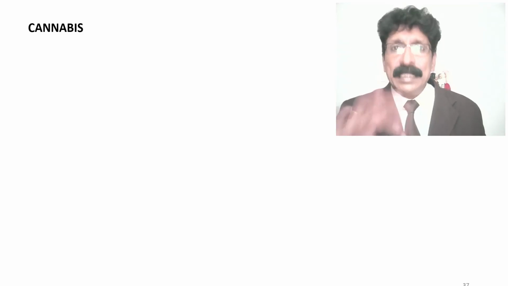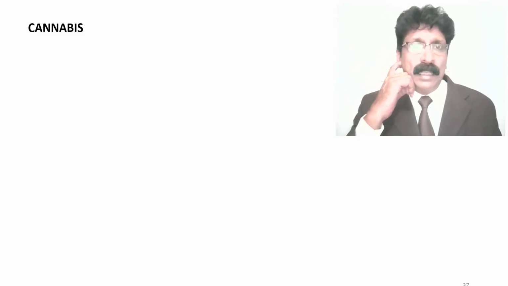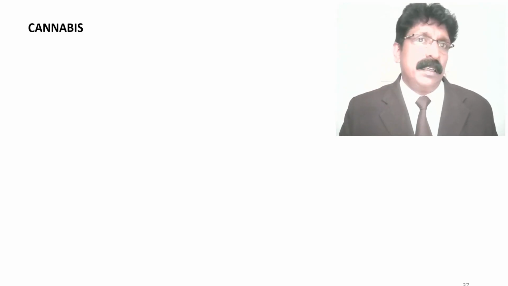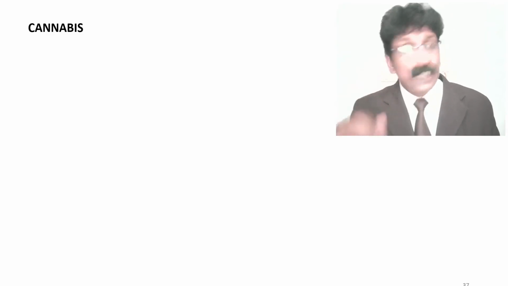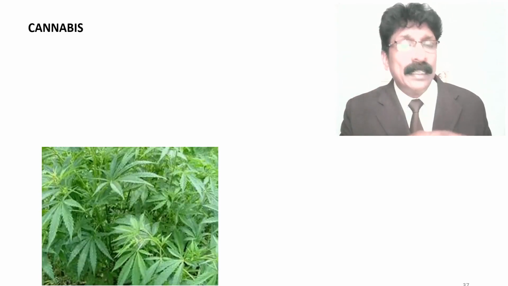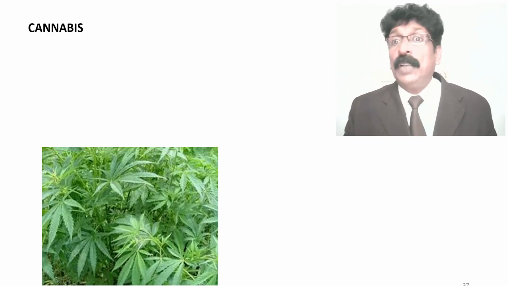Cannabis, next example for you, cannabis for hallucinogen. It is Indian hemp, whose fibers we have already seen, prepared from the stem part, and you can see here the leaf and the resins are used as hallucinogen.